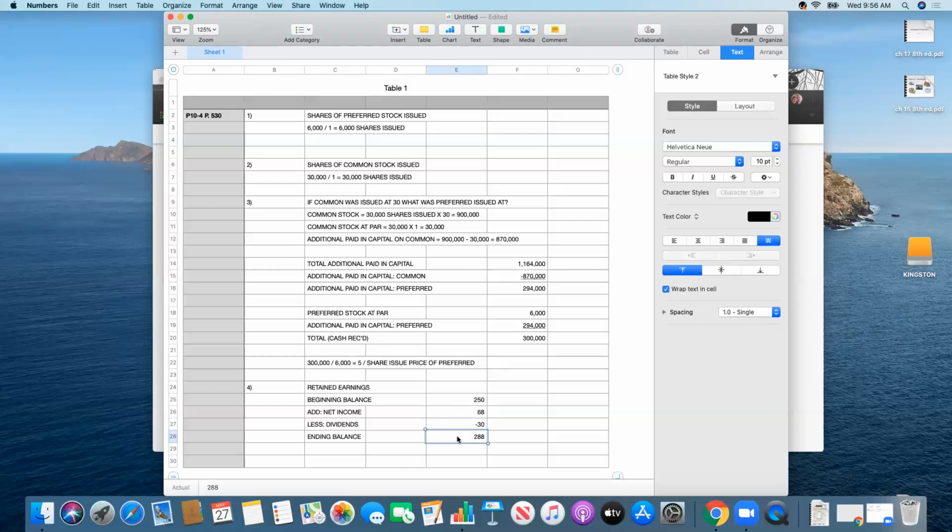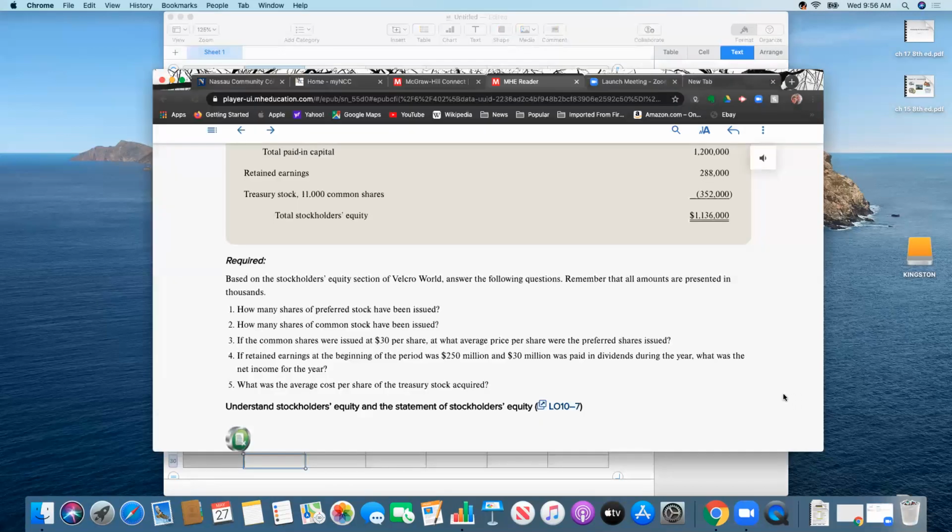So this is what you would do. I mean, again, I'm not a math teacher, but 250 minus 30 is 220. What would I have to add to 220 to make it 288? Right, 68. All right. So that's part 4.